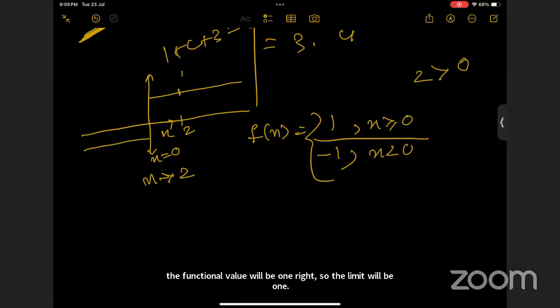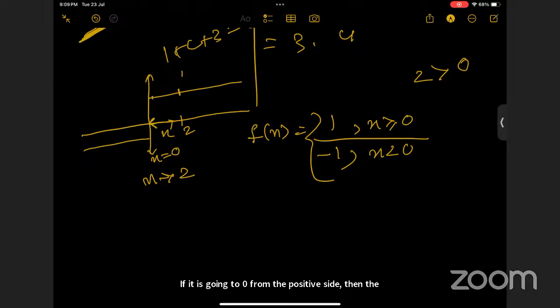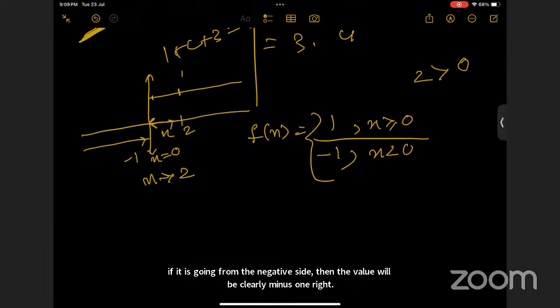When x is going to 0 from the positive side, the value will be 1. But if it is going from the negative side, then the value will be clearly minus 1, right? So the left hand limit and right hand limit are not equal for the point 0, right?